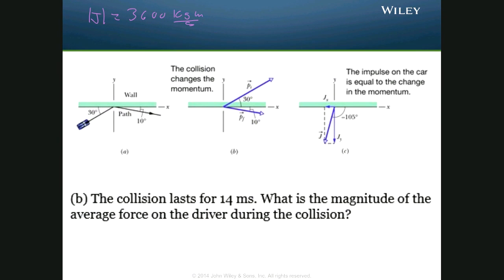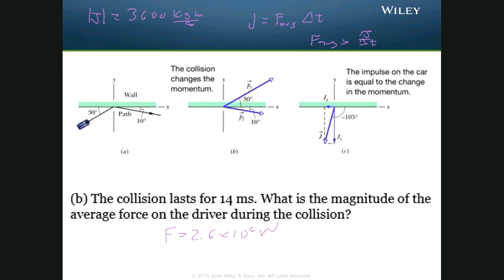So we know that J equals F average times delta T. So if we solve for F average, thankfully this part B is easy, equals J over delta T. And we get that the average force, when we divide those numbers, is about 2.6 times 10 to the 5th newtons.